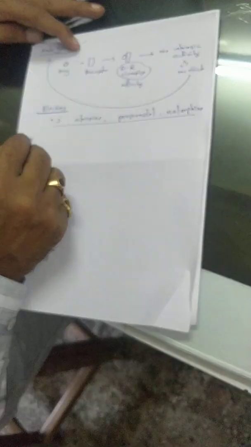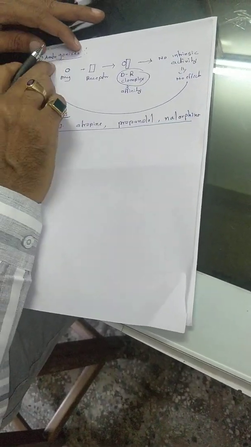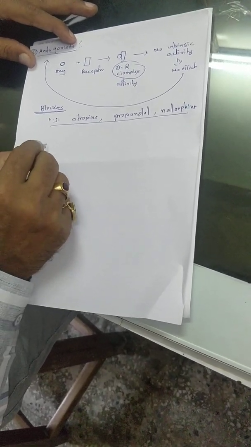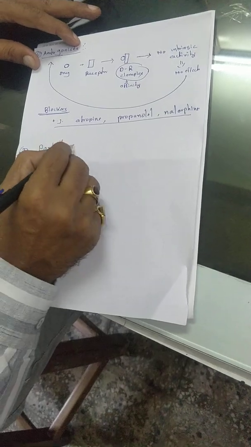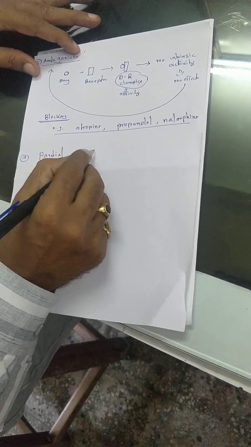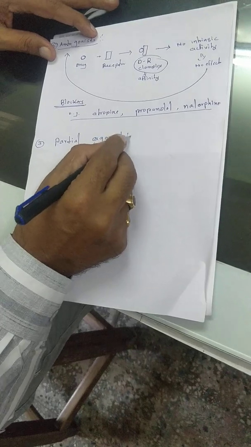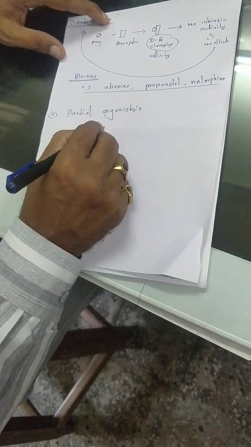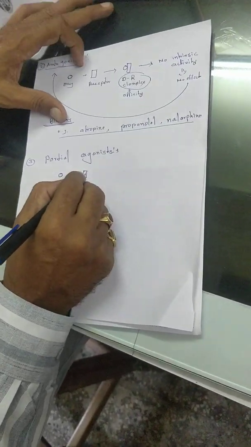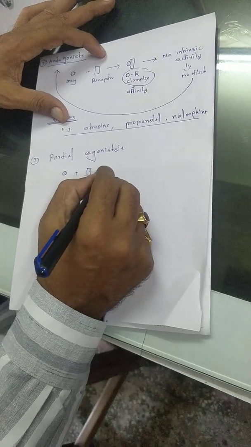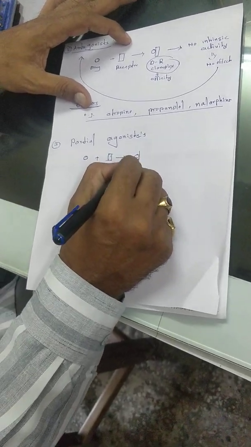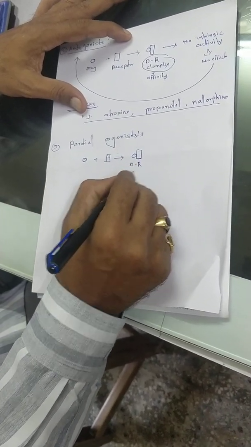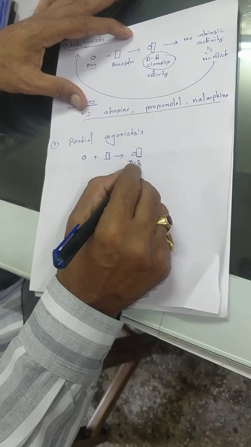Now the next drug interaction. First is agonist, second is antagonist, and third is partial agonist. Again, drug and receptor. The drug first interacts with the receptor. Because of the affinity, they again form a complex. As previously, D indicates the drug, R the receptor.